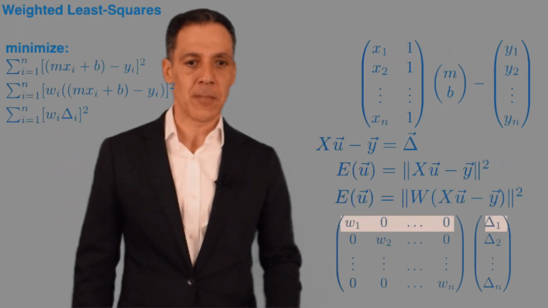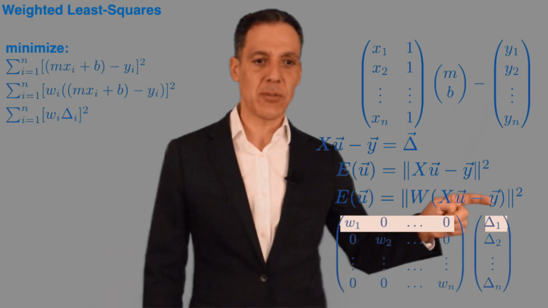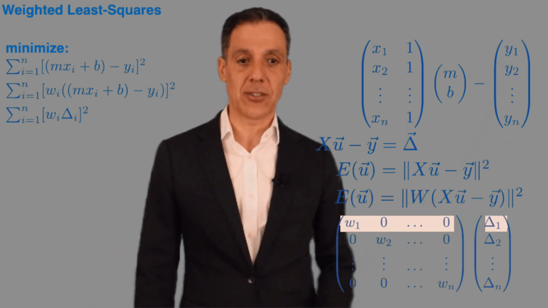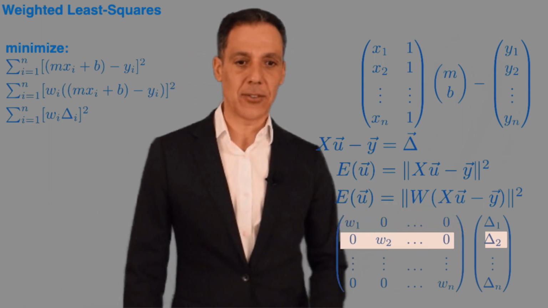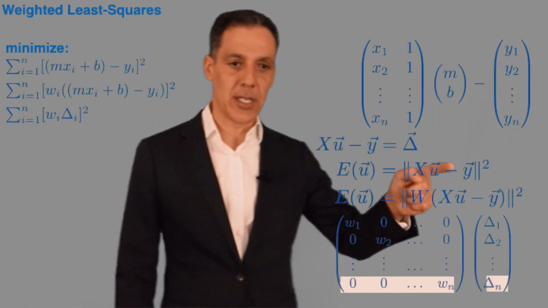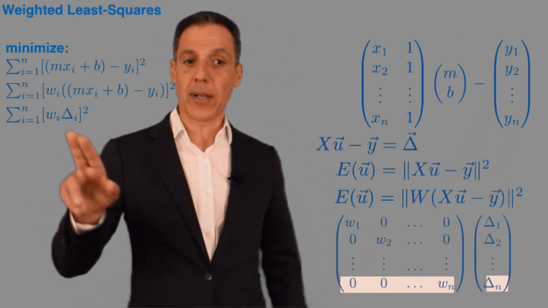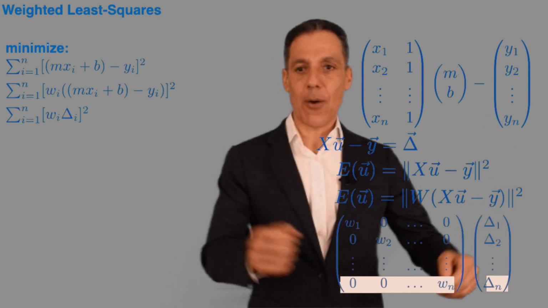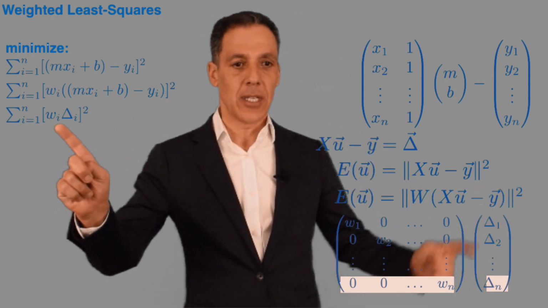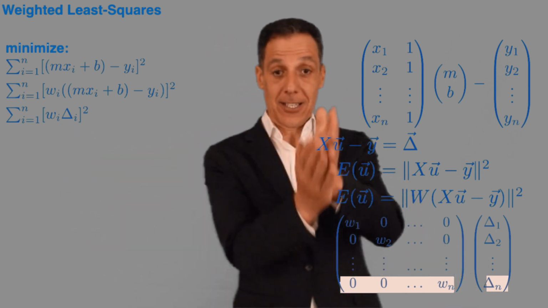So let's make sure. Well, first row of the matrix times this is what? W1 times delta 1, and then everything else gets a 0. Second row, W2 times delta 2. Everything else is 0. And of course, the last one is Wn times delta n. And notice that's exactly what I want. So inside the vector norm, inside the squaring, I now have W1 delta 1, W2 delta 2, W3 delta 3 up to Wn delta n in a single vector.